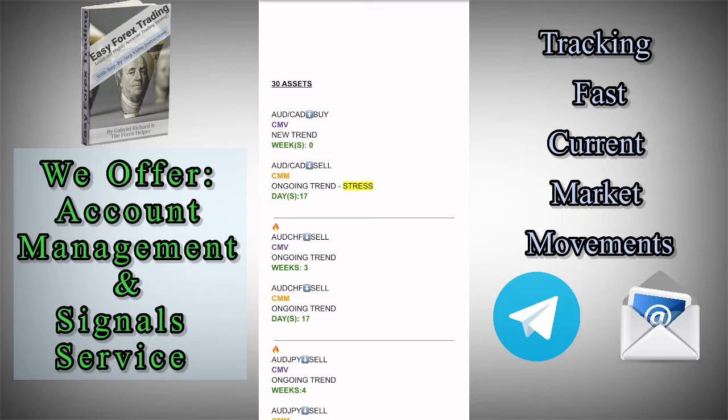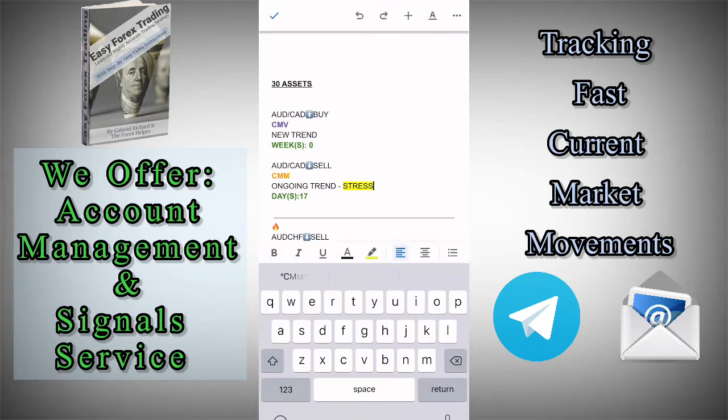Now, these stress indicators also represent a direction. The direction that they usually represent is opposing itself, so it's an opposite direction, contrary to the current market movement. I'll give you a visual demonstration of what I mean.